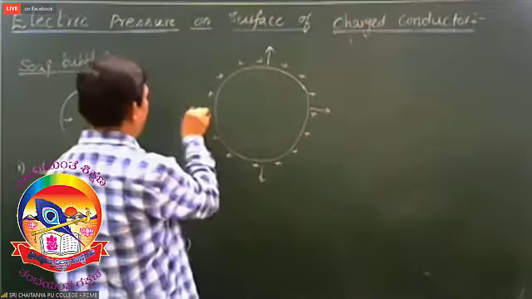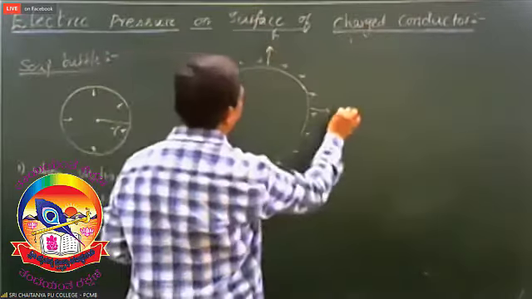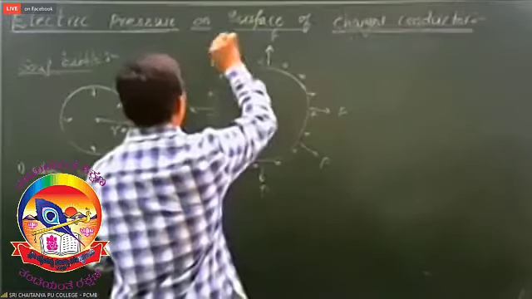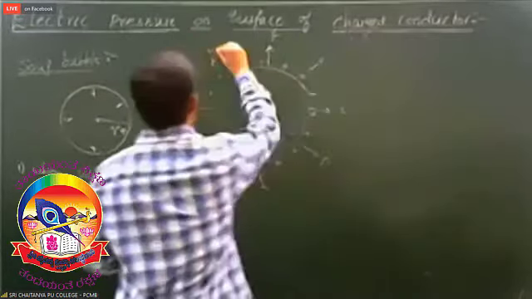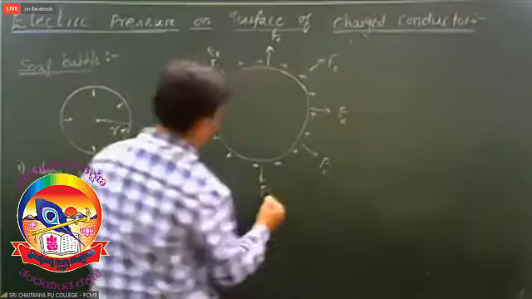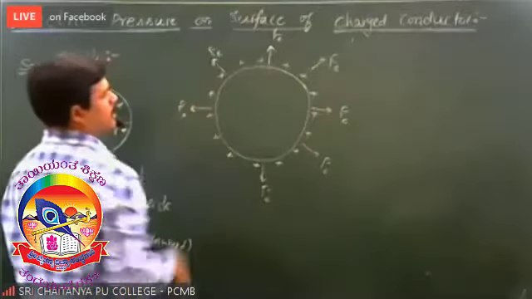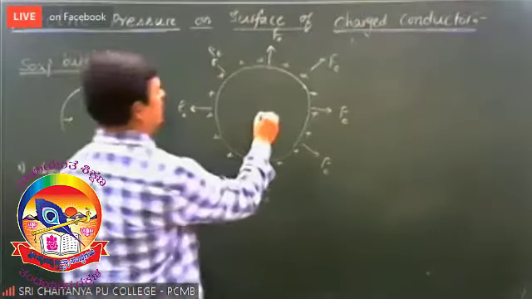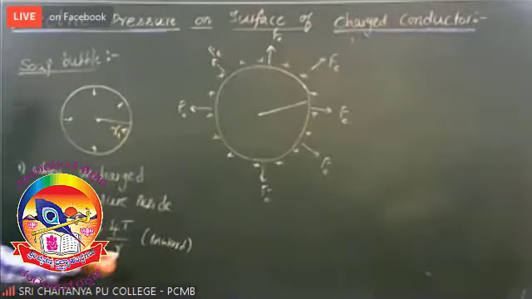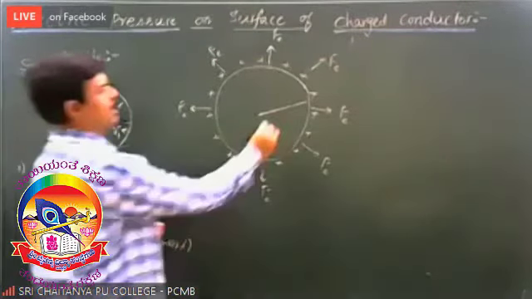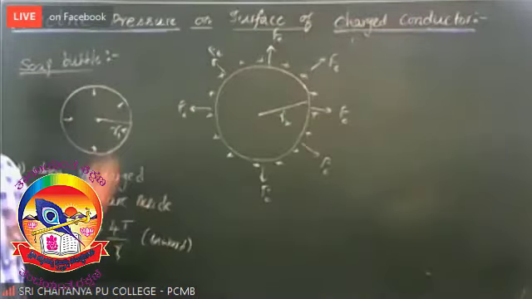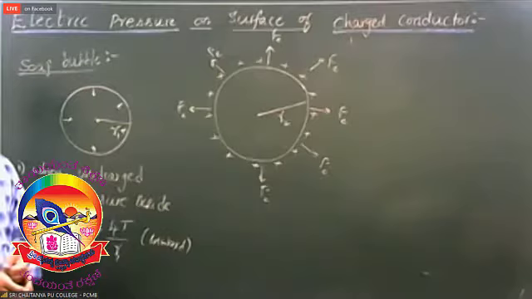Each and every element experiences an outward electric force in all directions. Then what happens to its radius? Its radius increases.